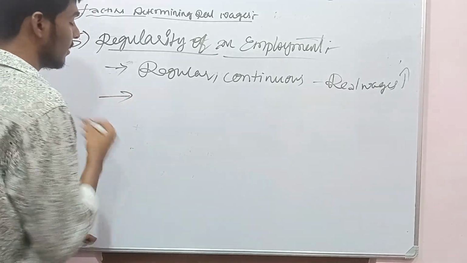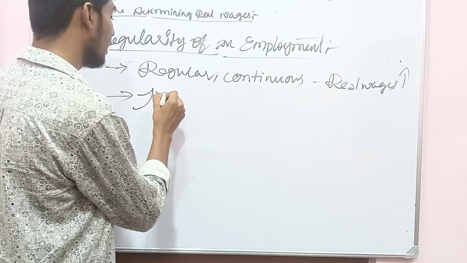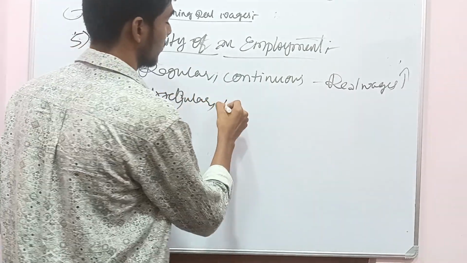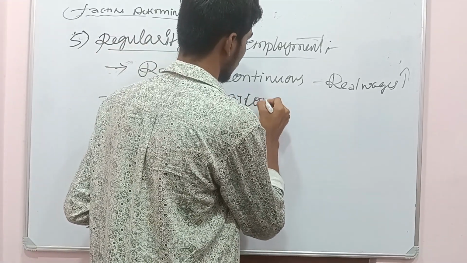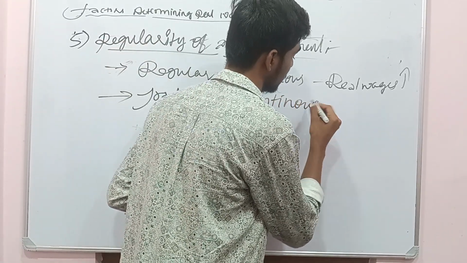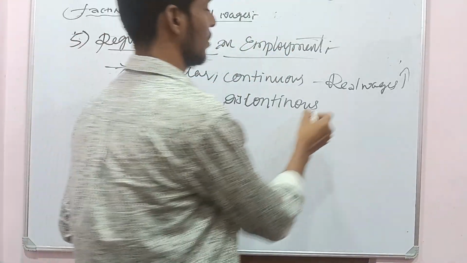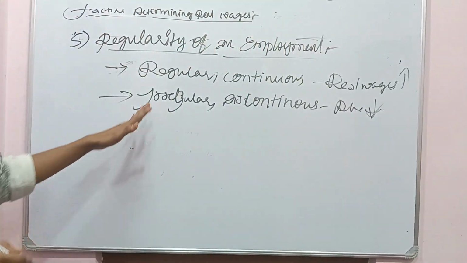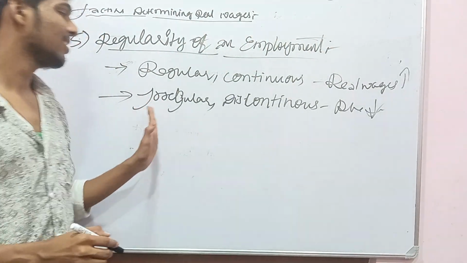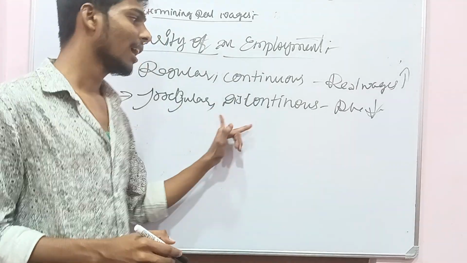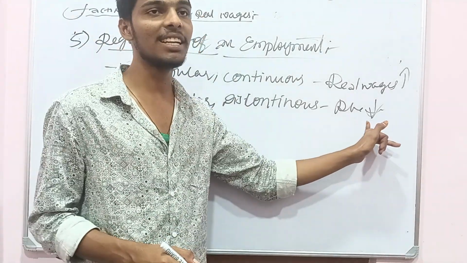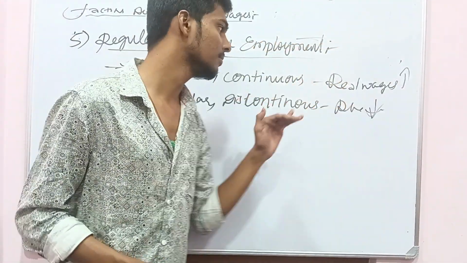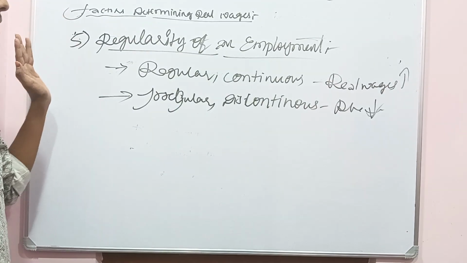And you can see the other case: if the worker is irregular, discontinuous, real wages tend to be lower. If the worker is not properly attending to his work, he is discontinuing the work, this leads to a decrease in his income and a decrease in his real income. It is the fifth determinant.